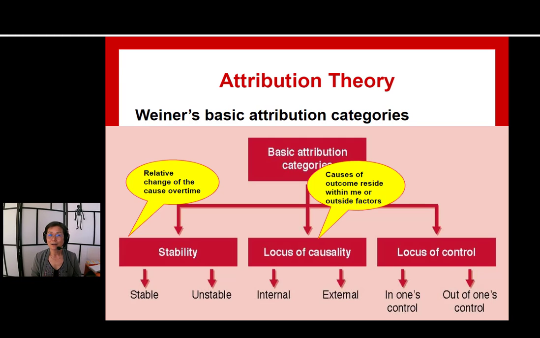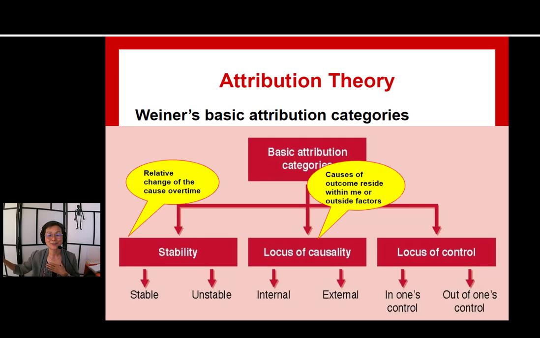If you say, "Oh yeah, the teacher is so bad. The teacher made me perform poorly in my 384 GWAR course." Is it in me or outside? The teacher, outside, external. That means locus of causality. Is it in me or outside of me?